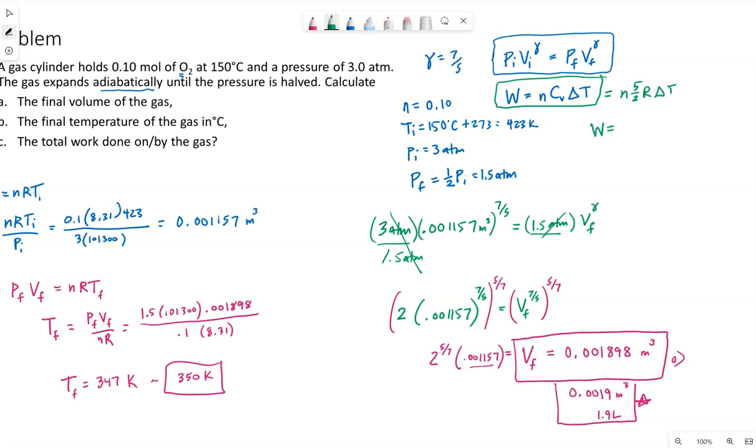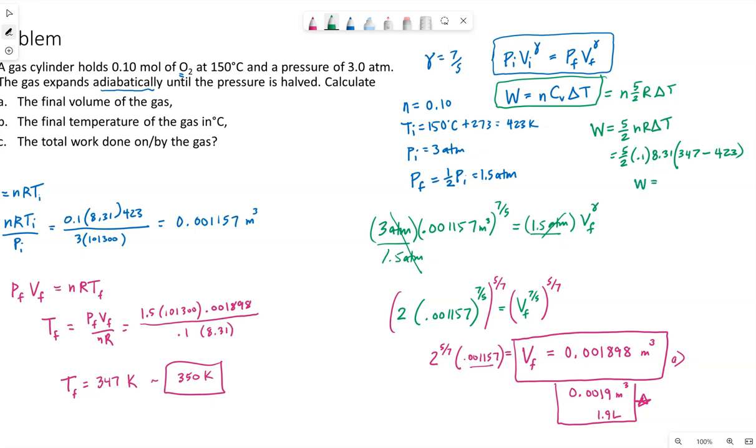So the work will be 5/2 nR delta T. 5/2, n is 0.1, R is 8.31. Delta T: our final temperature is 347 minus the initial temperature, 423.